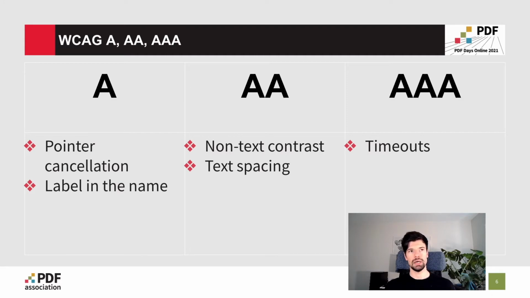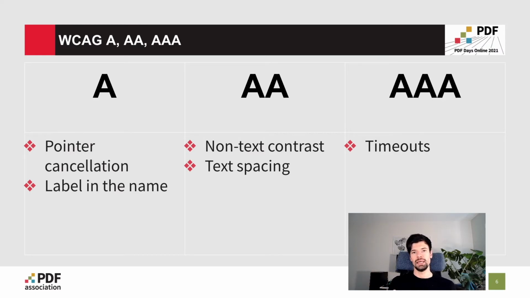So let's talk about pointer cancellation. Let's say we have a PDF form, and inside of it we have a checkbox that I could click on. As the user navigates, let's say via keyboard or via mouse, and gets to the next field, just by tabbing to the field or by selecting it with the mouse, we want to make sure that if I didn't release my mouse and I'm still holding it, I can just move my mouse away, and that mouse down action would not trigger the effect of checking the checkbox.